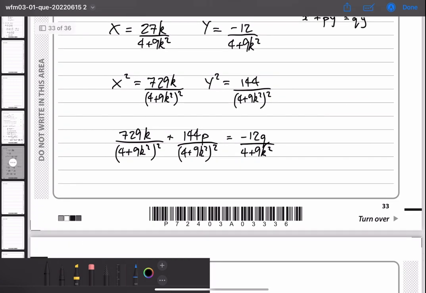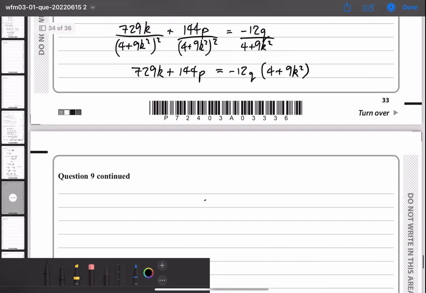Getting rid of all of those fractions, 729k plus 144p is equal to minus 12q times 4 plus 9k squared. Expanding that, we get minus 48q minus 108q k squared, 144p, 729k over here.